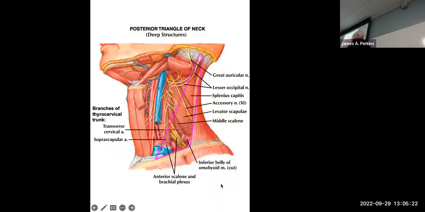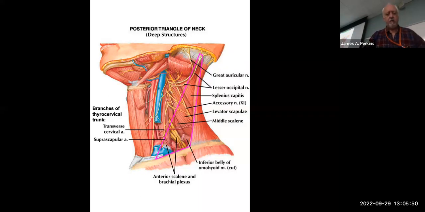One of the interesting things about the scalene muscles is that the branches of the brachial plexus actually pass between two of the scalene muscles. There's an anterior scalene and middle scalene muscle, and the trunks of the brachial plexus, superior, middle, and inferior trunks, actually exit the neck. They pass between those two scalene muscles. It's kind of cool to see it, but you won't see it right now. We'll come back to it later.